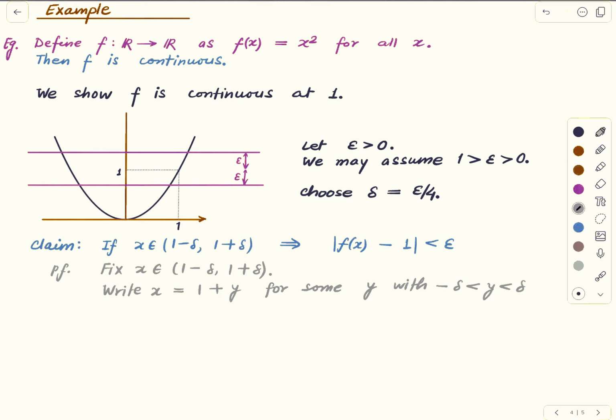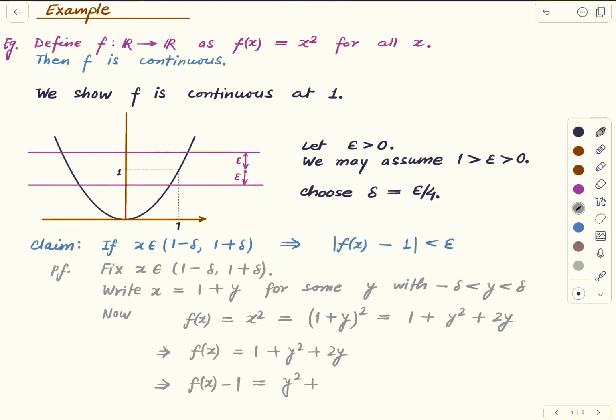And now, what is f of x? By definition, it is x square, which is 1 plus y square, which is that much. And that gives us this. Okay. But by this constraint, we have the following inequality.